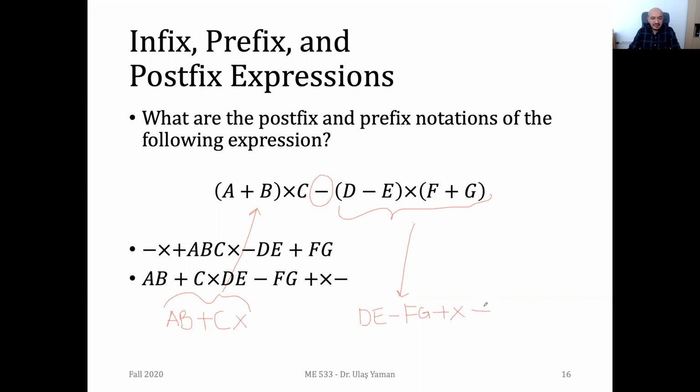This is how the infix notation is converted into a postfix notation. Any questions, guys? This is the manual way. And as I said, while we are implementing this conversion, we need to use the stack data structure.